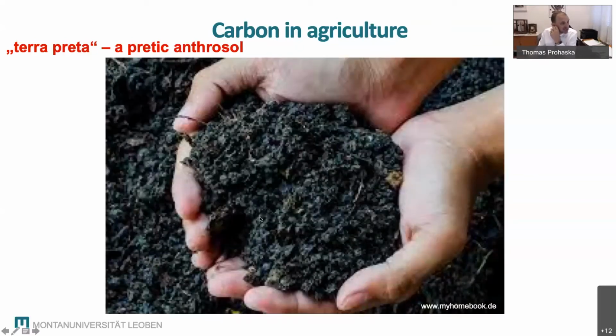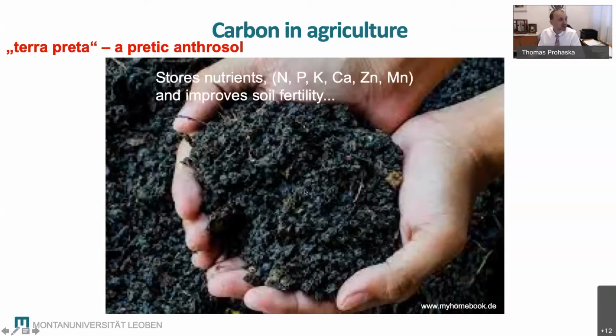It is known that this terra preta stores nutrients, improves soil fertility, retains water, and is also advantageous to microorganisms, for example.